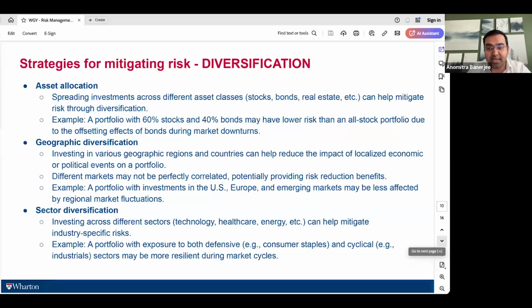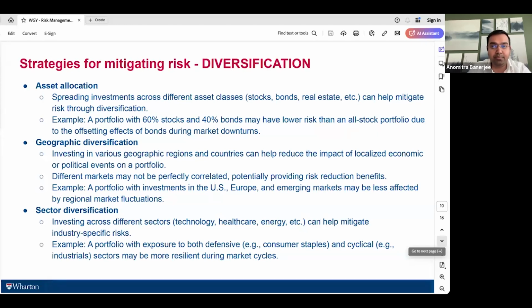For example, US fluctuations wouldn't really affect the emerging markets. Hong Kong would be quite shielded, even if the US stock market tanks. So geographic diversification is one way you could mitigate risk through diversification.